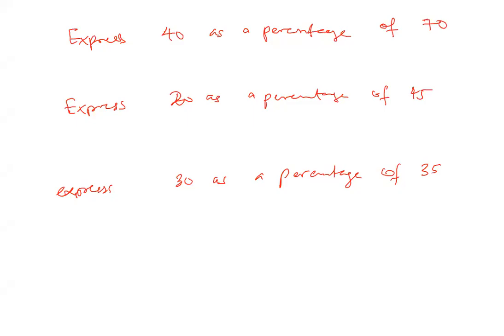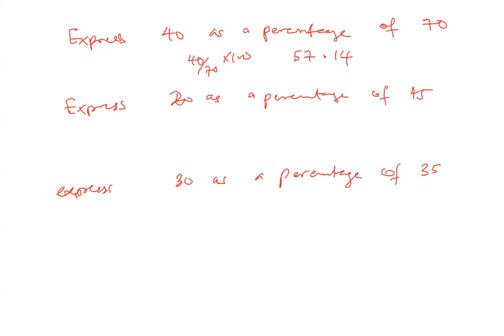So the first one is 40 as a percentage of 70. Yeah, you need times 100. So that gives you 40 divided by 70, times 100, which is 57.14.